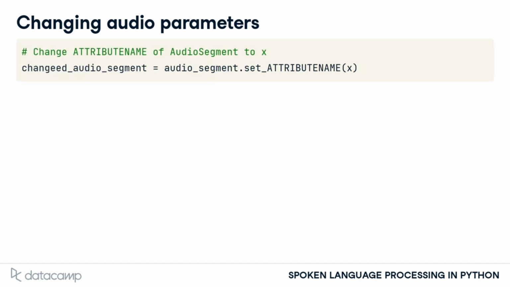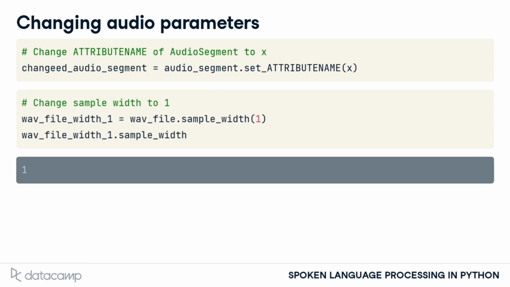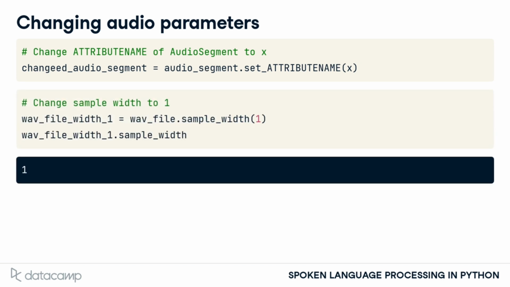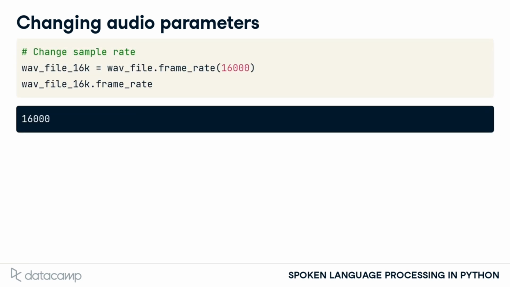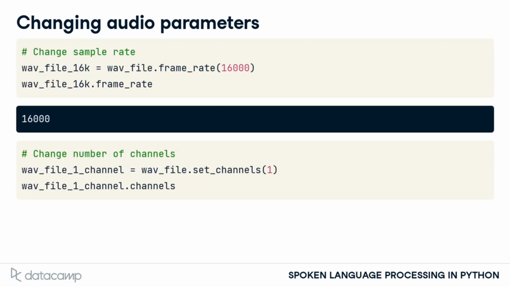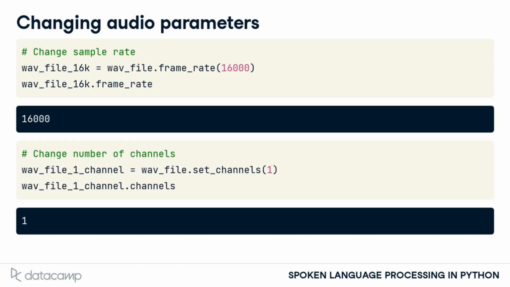You can adjust them using set_attribute_name style functions, like set_sample_width to adjust the sample width, or set_frame_rate to change the sample rate, and set_channels to alter the number of channels. Some APIs require your audio files to have certain values for these parameters.